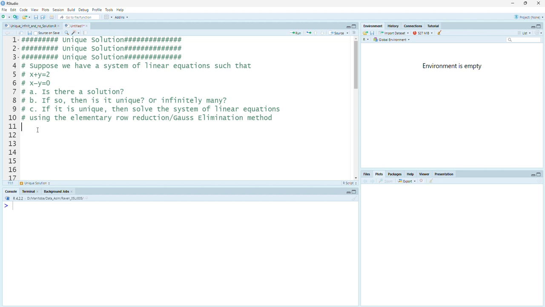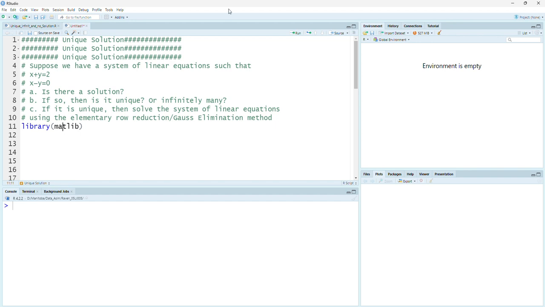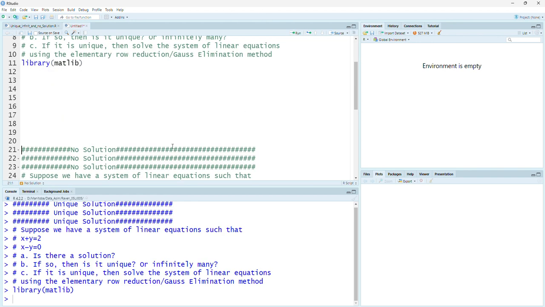For this particular example, I am going to use a package, pracma. Let's activate it first with library. You will see that it is activated.